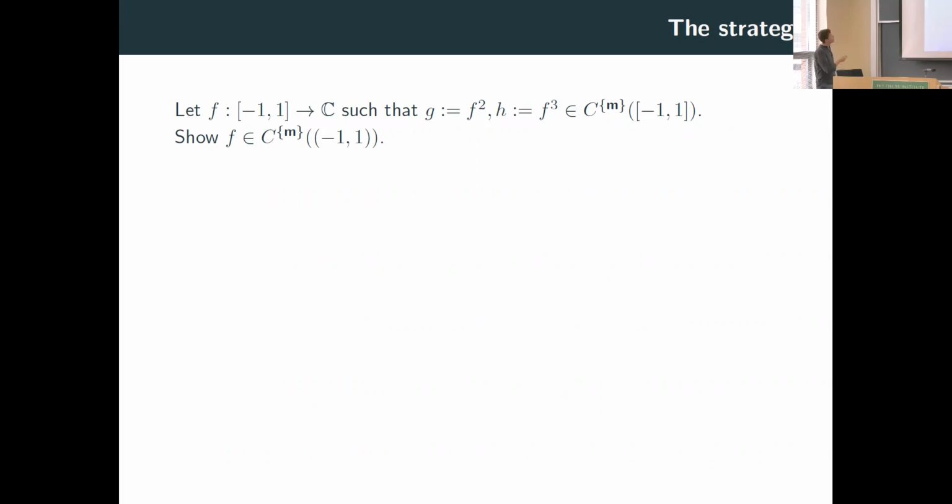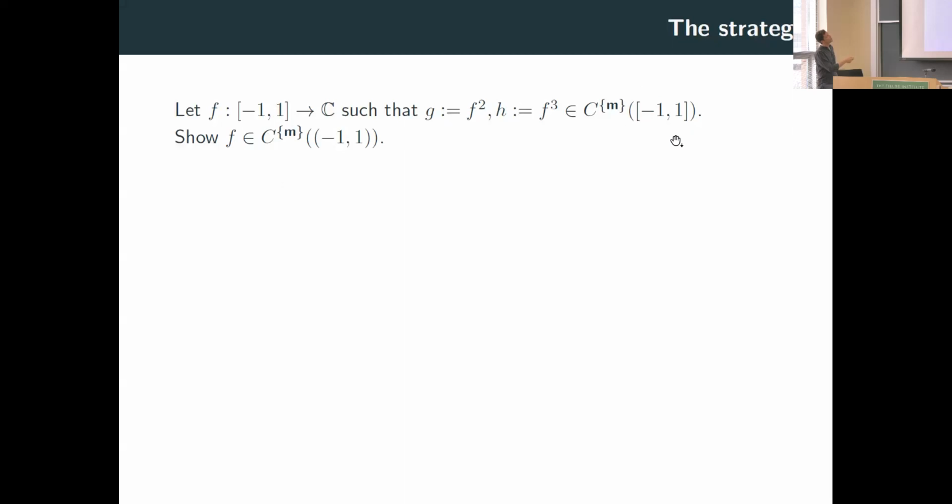I recall that what we want to show is that if we have a function on the unit interval with complex values, such that the square of this function and the cube of this function are in the Denjoy-Carleman class on the unit interval, then the function itself has to be in the Denjoy-Carleman class.